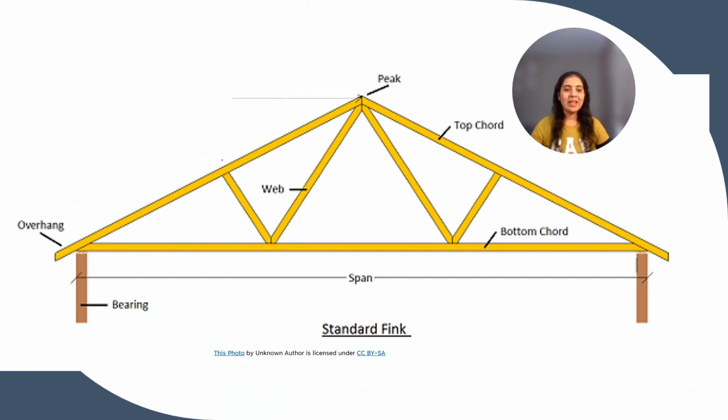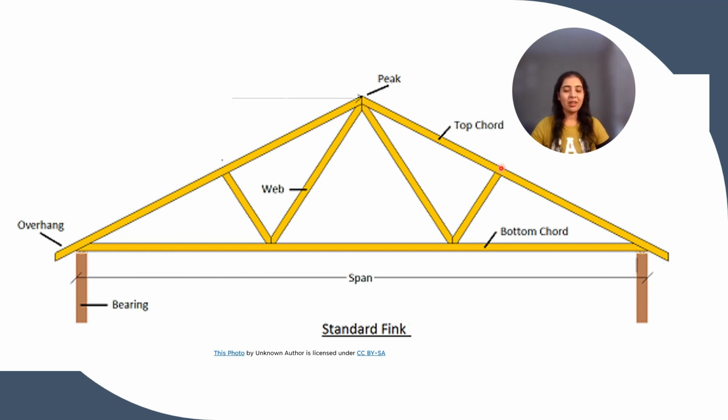So, in a truss, the top members are the top chord, the bottom members are the bottom chord, and these members are the web. This is the span of the truss, the distance from support to support.